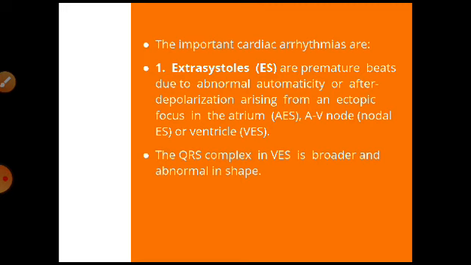If it is in the atrium, then we call it an atrial extrasystole, right? If it is in the AV node, we call it a nodal extrasystole. If it is in the ventricle, we call it a ventricular extrasystole, right? If you see the QRS complex in the ECG, you will find that it is broader and abnormal in shape.